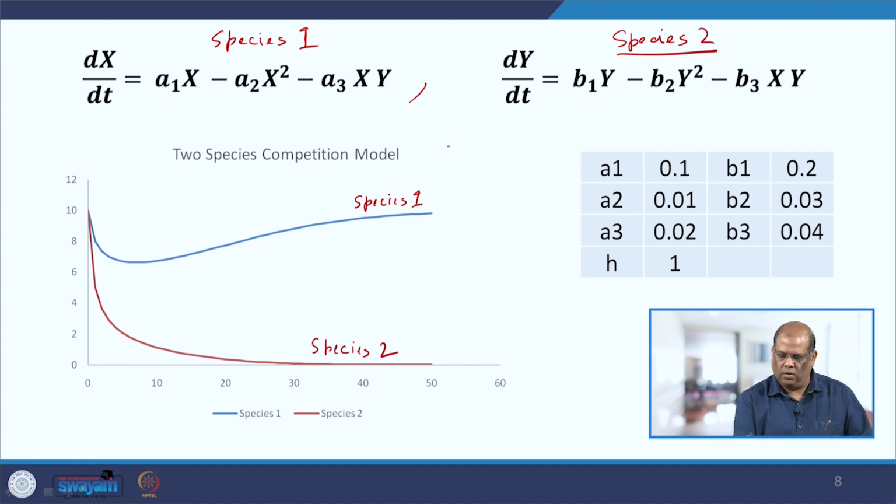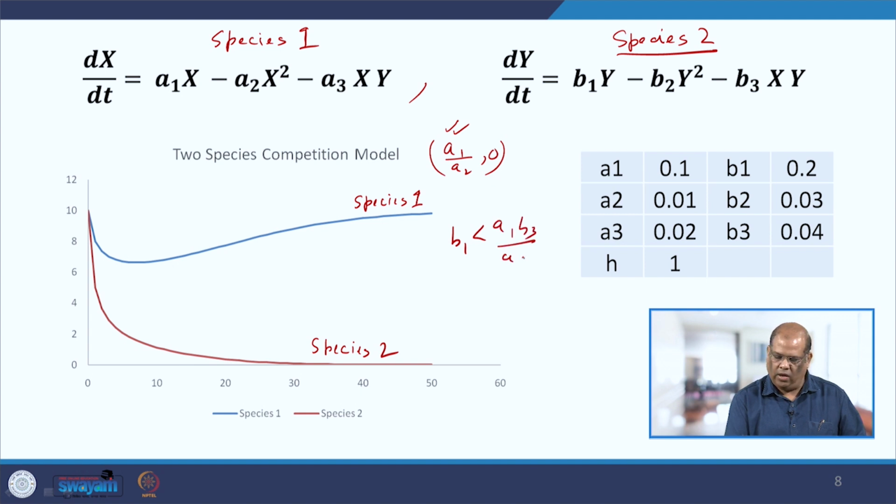So, for a1 by a2, comma 0, this is the case where your species 2 goes to 0, that is extinction, and your species 1 approaches this equilibrium point. Now, when it approaches this equilibrium point, we have already shown that B1 must be less than A1 B3 by A2.